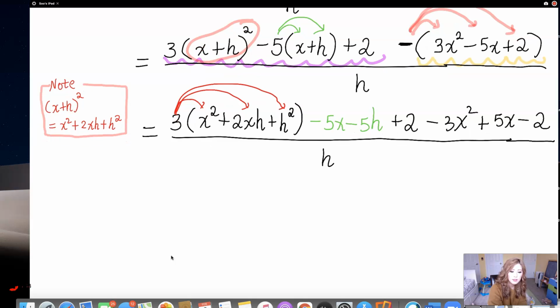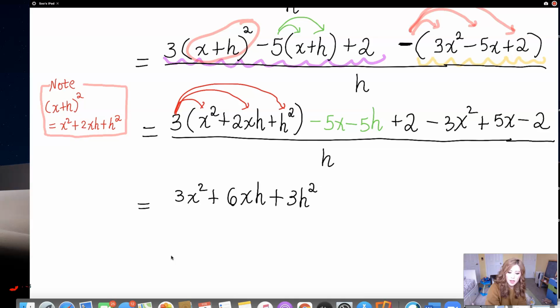Okay, so I'll have 3x squared plus, now we have to do 3 times 2xh, right? So that's going to give us 6xh plus, now I need to do 3 times h squared, that is plus 3h squared.